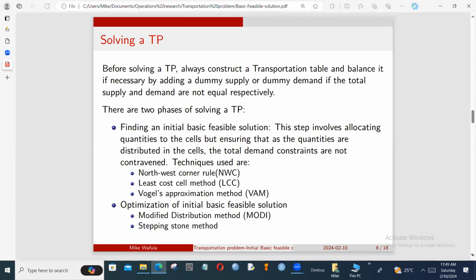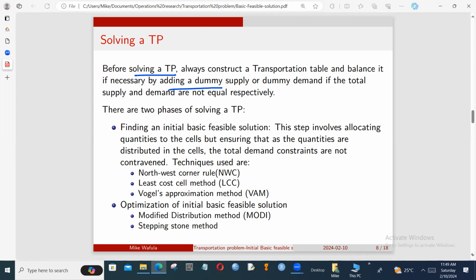The first point, even before looking at the steps of solving a transportation problem, I think I've said it, but it's no harm: before solving a transportation problem, it is always important that you check whether the transportation table is balanced, and if it's not, then you balance it. Balancing means adding a dummy supply or a dummy demand if the total supply and demand are not equal respectively.